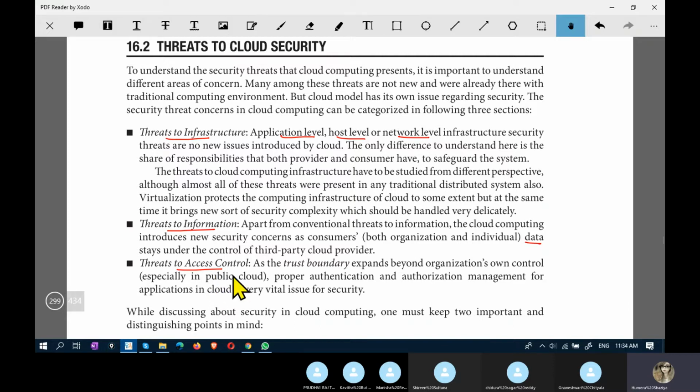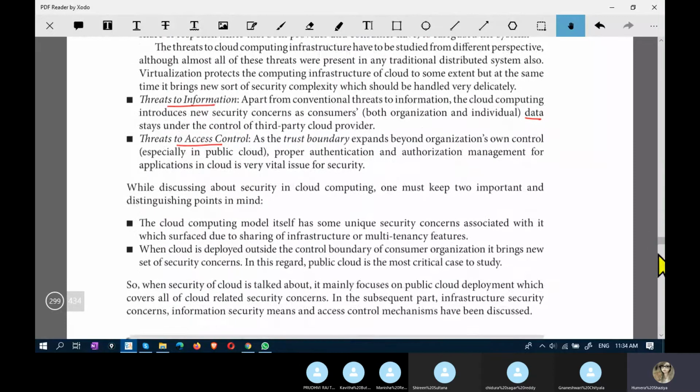Unauthorized access is avoided if you have a proper access control mechanism, and if not, then there is a threat. If you don't protect your data properly, then there is a threat to information. If you don't protect your application or your host or your network, then there are threats to your infrastructure at application level, host level, or network level.